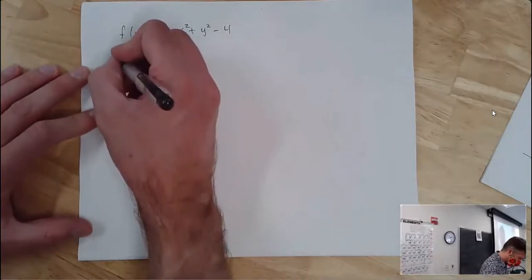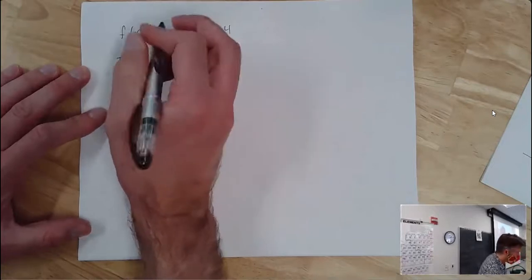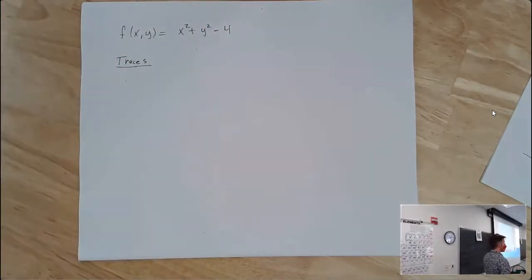Let's talk about the traces first. So the traces are just what you get in each of the 3 different planes, meaning the xy plane, the xz plane, and the yz plane.